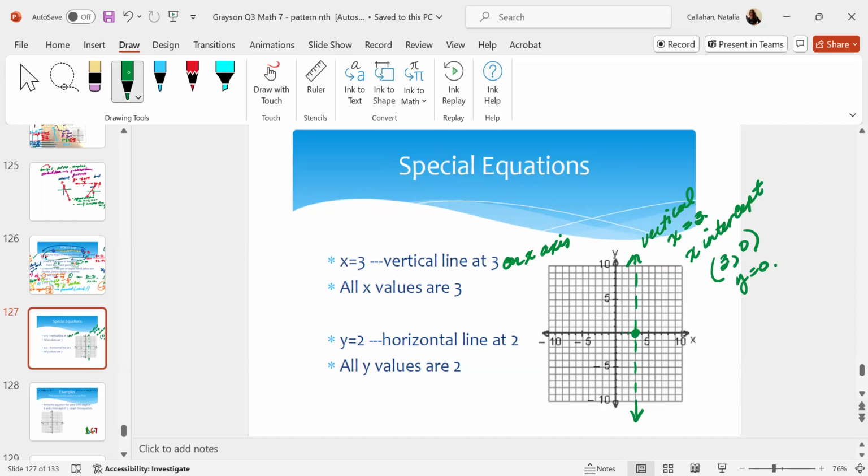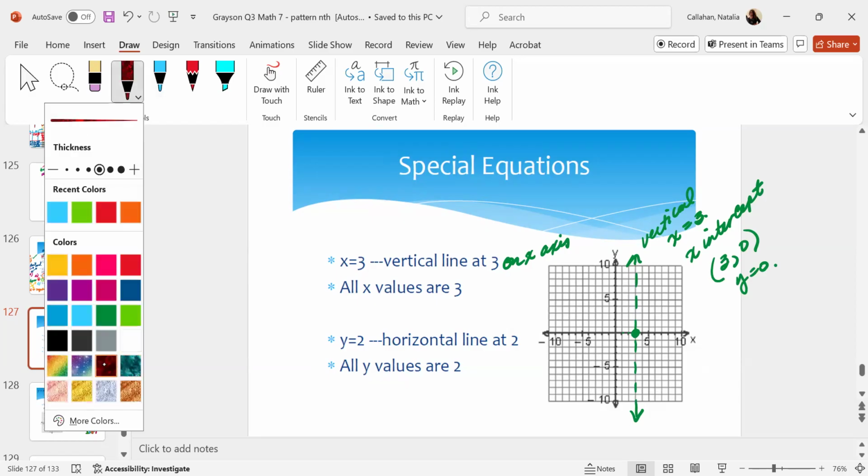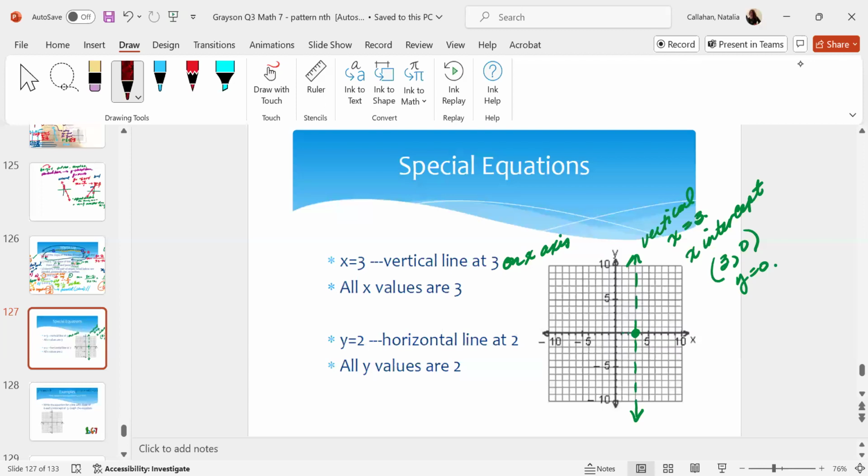Use the color pen here. Okay, do you see here? Okay, now, I'll actually pause it until you finish that. y equals 2.